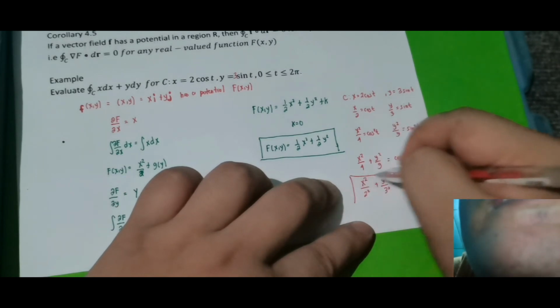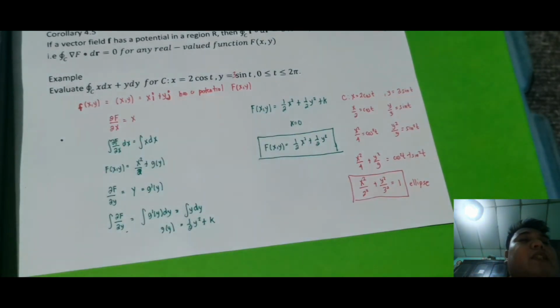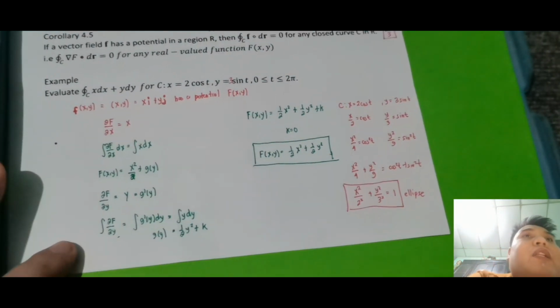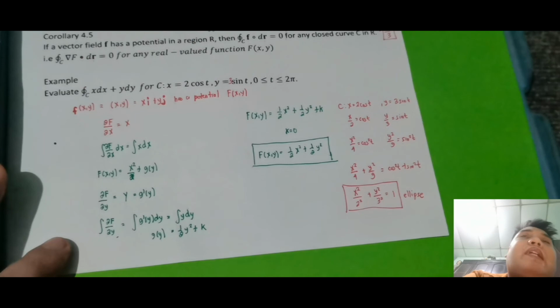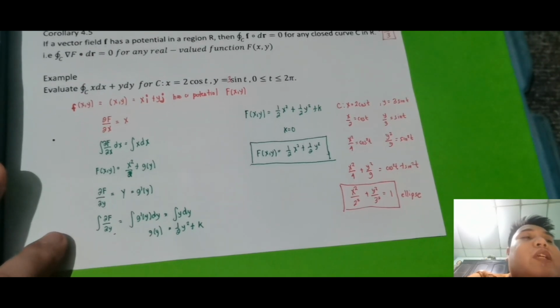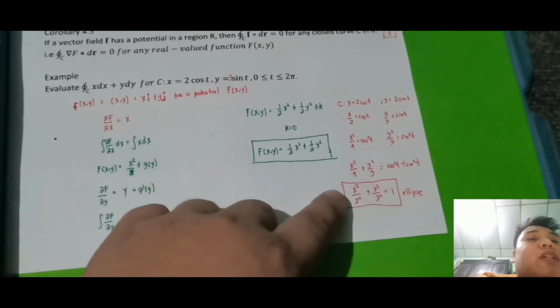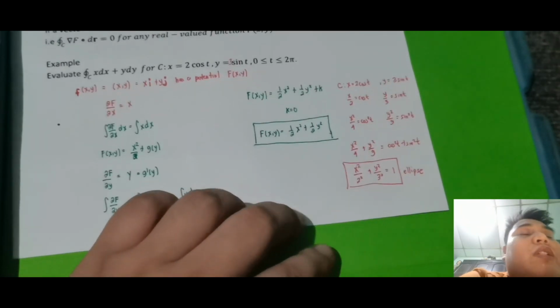So kung napansin mo, this is an ellipse. Okay, ellipse na center at 0, 0 with length ng kanyang major and minor axis. Ang length ng major axis is 3, length ng minor axis is 2, tapos siya ay ellipse naka-center sa 0, 0.